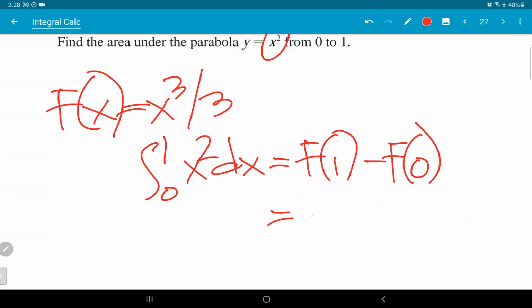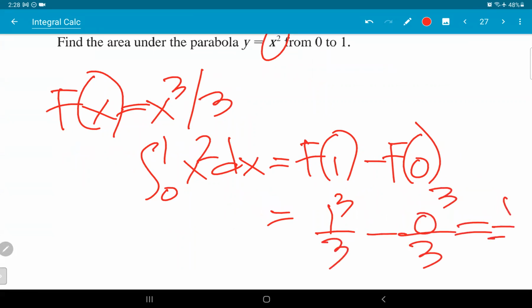So we will have 1 cubed over 3 minus 0 cubed over 3, and we get 1/3. That quick, without any table of values. It would take a lot of time to do in order to just find out a fair idea of what the actual area under the curve is.